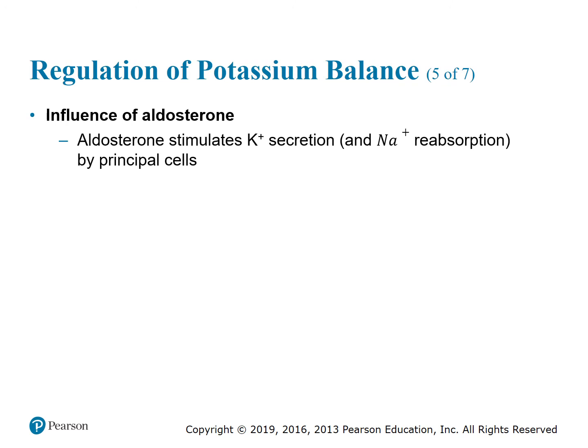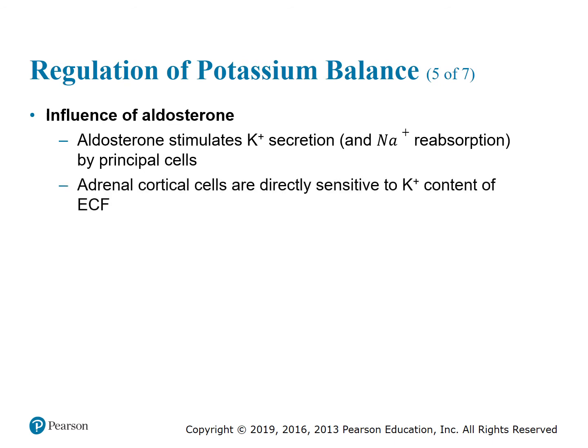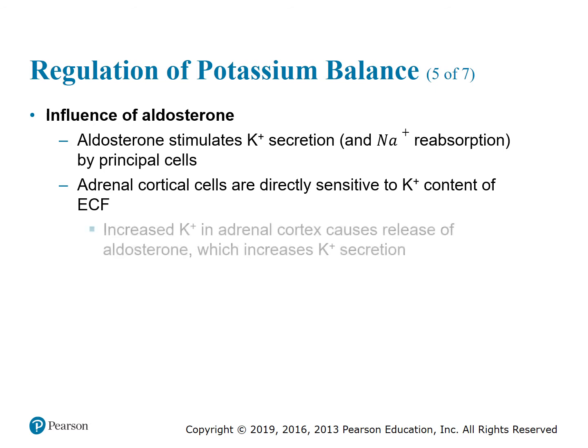What's the influence of aldosterone? It stimulates potassium secretion and thereby sodium reabsorption by principal cells. So the adrenal cortical cells are directly sensitive to the potassium content of extracellular fluid, and what this means is they don't require outside signals. They can directly detect potassium content.